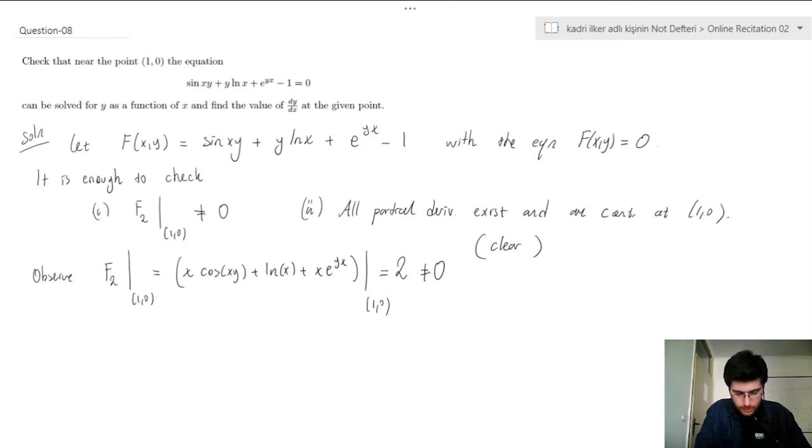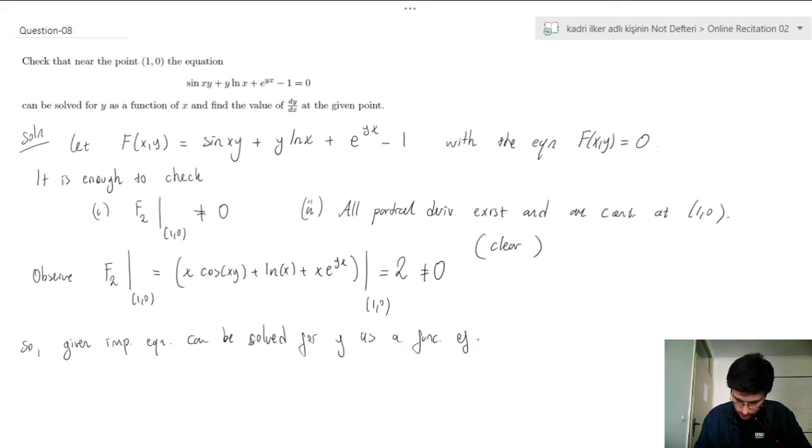Therefore, the given implicit equation can be solved for y as a function of x. We just say that y is a function of x, with, of course, the value f(1,0) being 0.